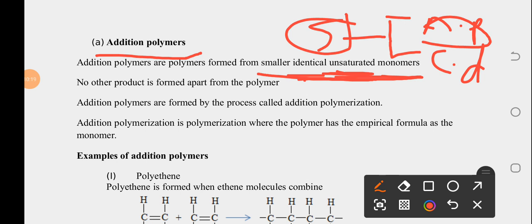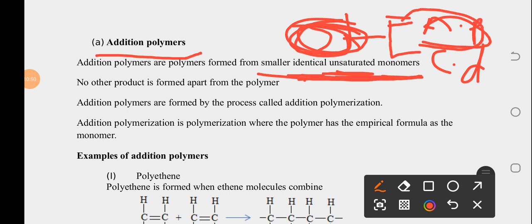So you combine two or more identical unsaturated monomers to form a polymer, which is called an addition polymer. Under which type? Under synthetic type of polymers. I'm sure you're getting the point. So we've got the synthetic polymers. Then this one has got these two children. We've got the addition polymers.